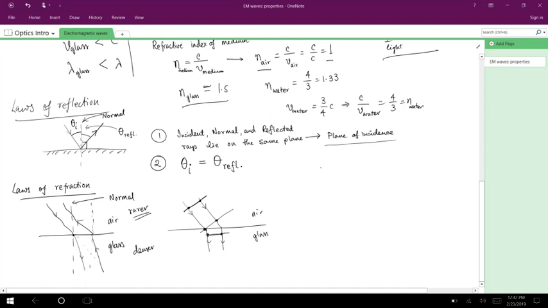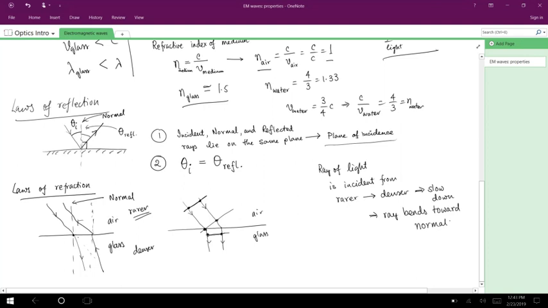So if ray of light is incident from rarer to denser, okay, so then light will slow down. And when light slows down, ray bends toward normal, okay?